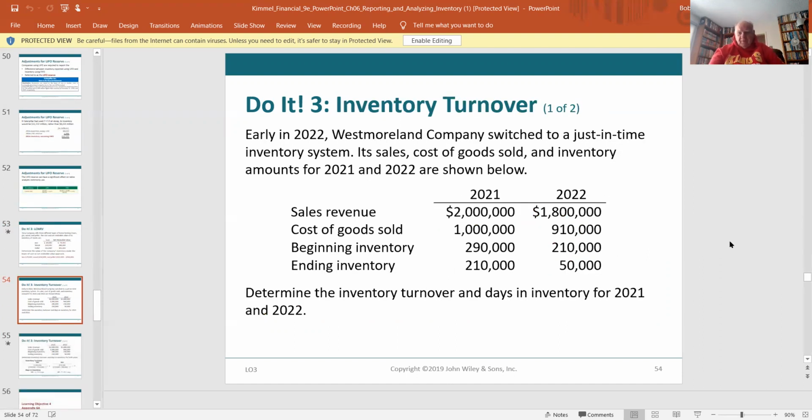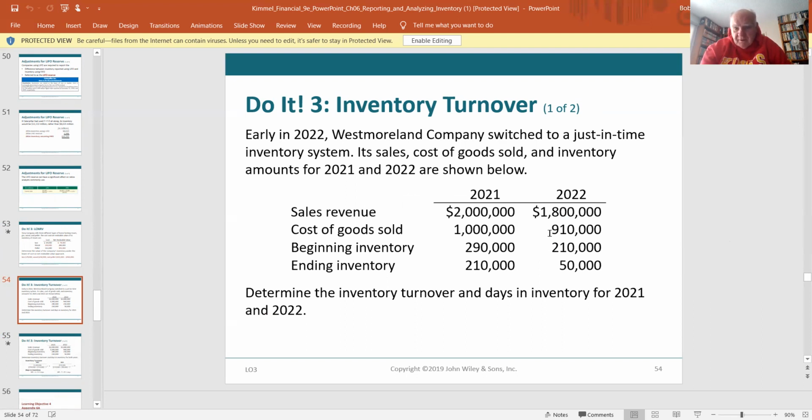Inventory turnover number. We just went over that. It's going to be the cost of goods sold divided by the average inventory. So in 2021, the cost of goods sold is $1 million. The average is going to be 250. So $1 million divided by 250 is 4.